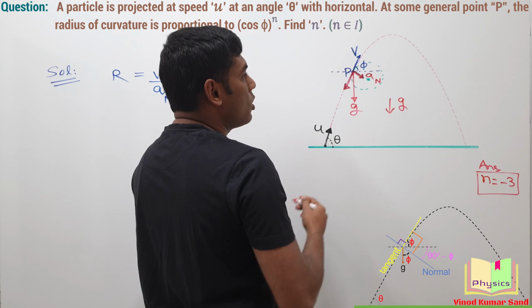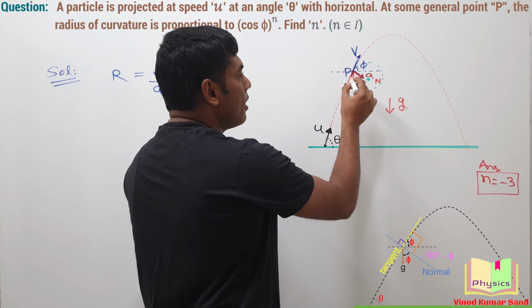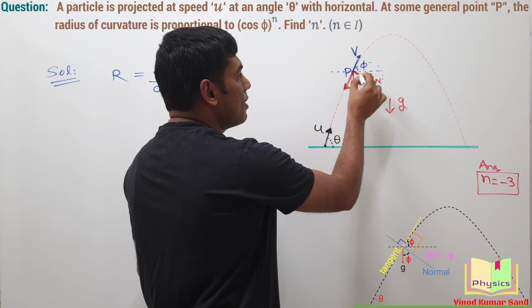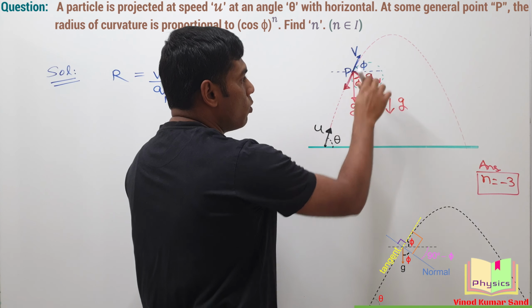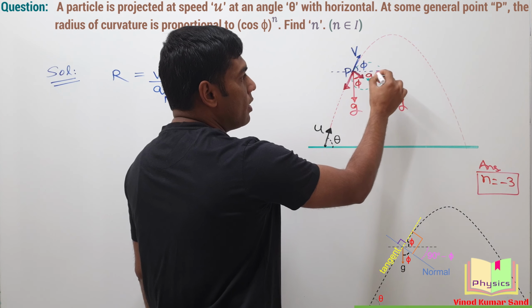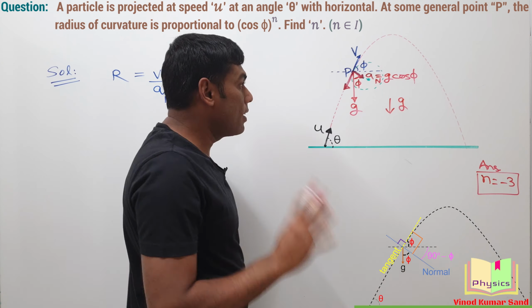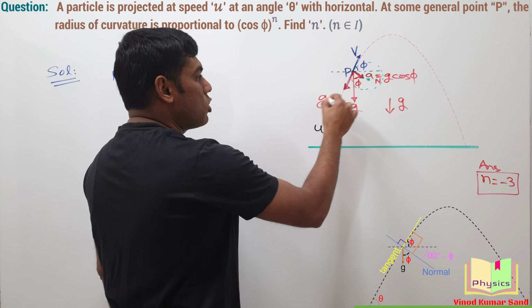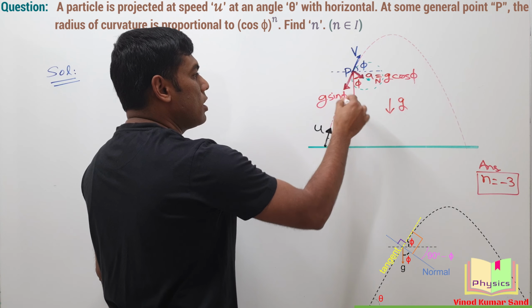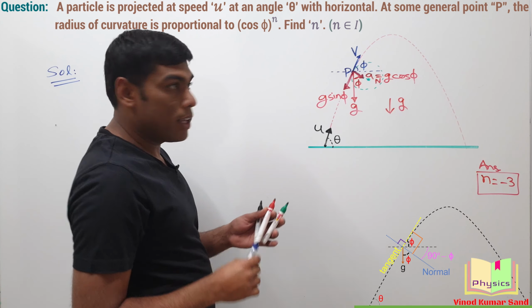So the computation is pretty simple. Here the angle is phi. So g has a component along the radial direction, g cos phi, and the tangential component of g is g sin phi.